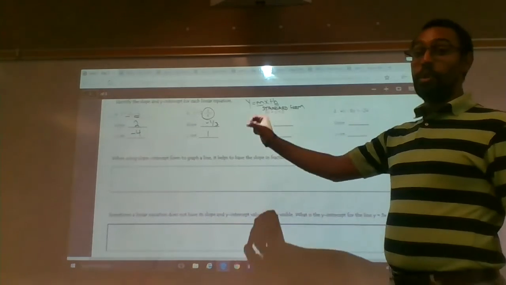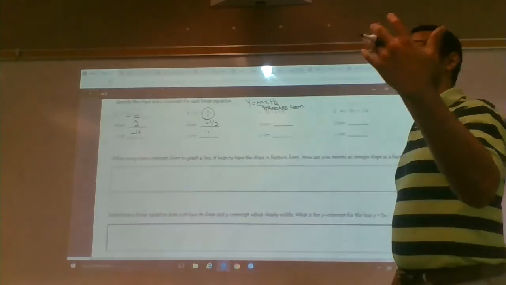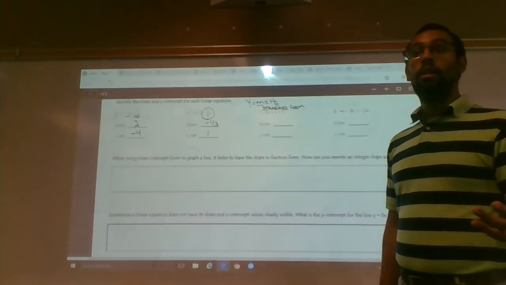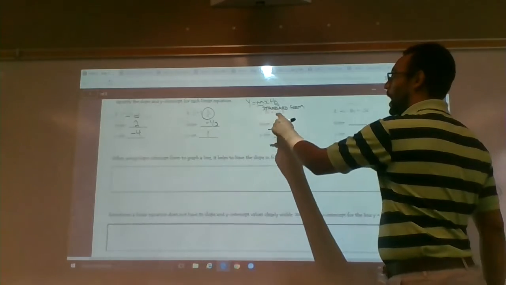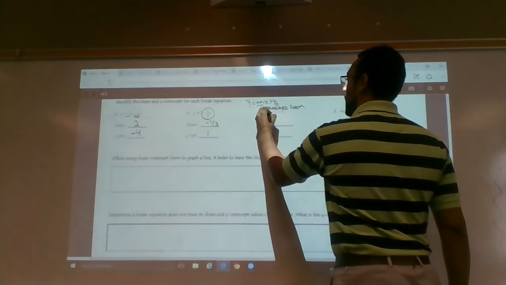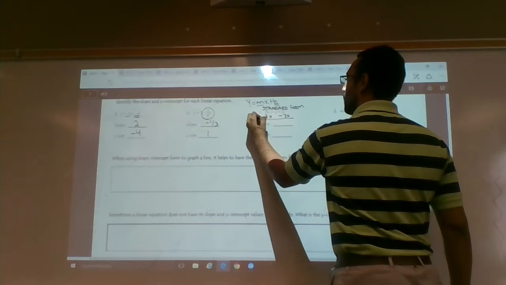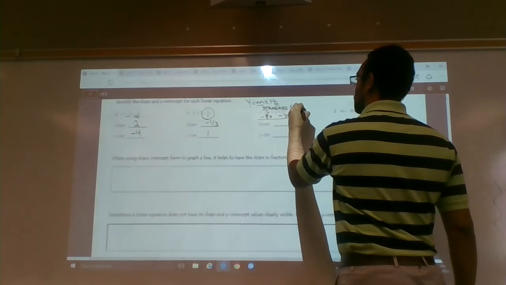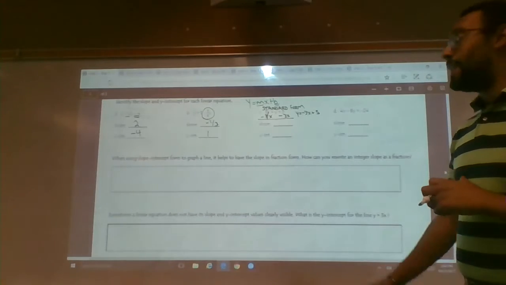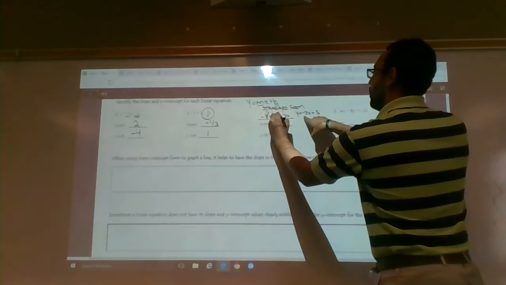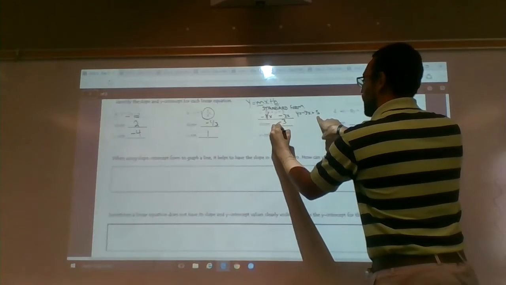But we want it in slope-intercept form. So, literal equations from Unit 1. Here's an extension on it. You're solving for y. So we subtract 3x from both sides. Y is -3x plus 5. And now we have our slope and we have our y-intercept.